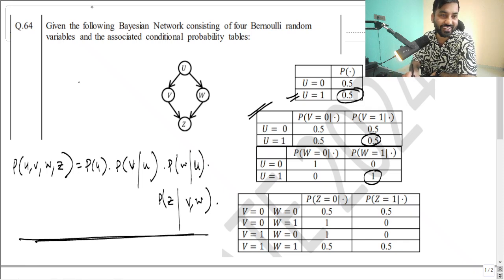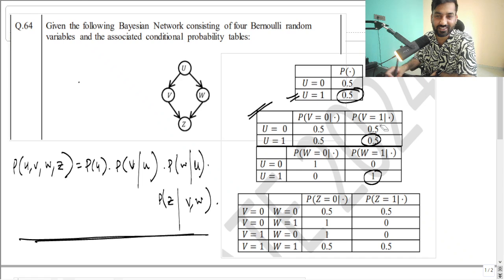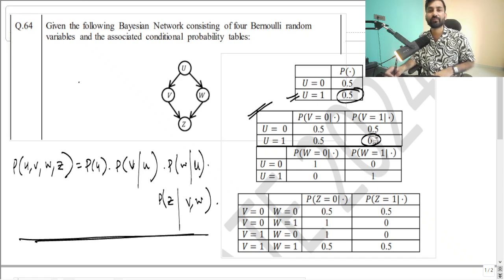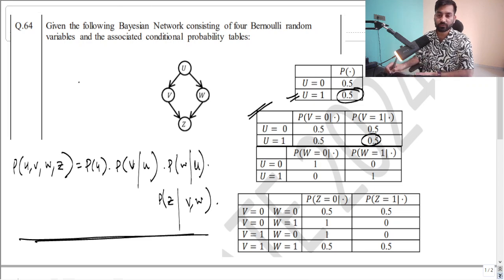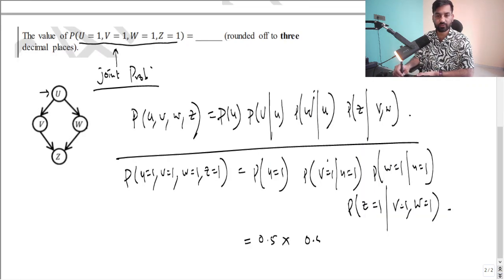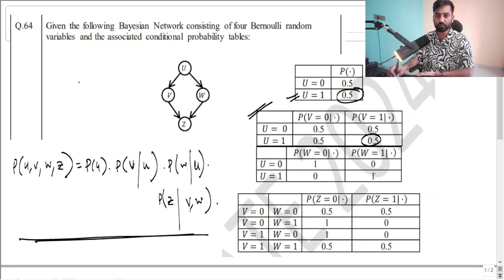Please remember that I looked at W1, you don't have to consider this one. So what is this? Probability of V equal to 1 given that U equal to 1. You can just use this conditional probability table they have given. So this will also be 0.5 times. Now you have to come to here.